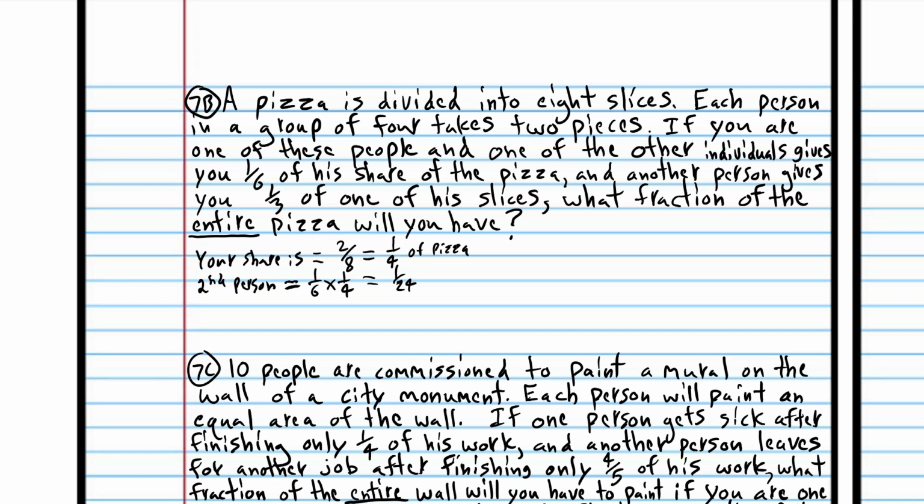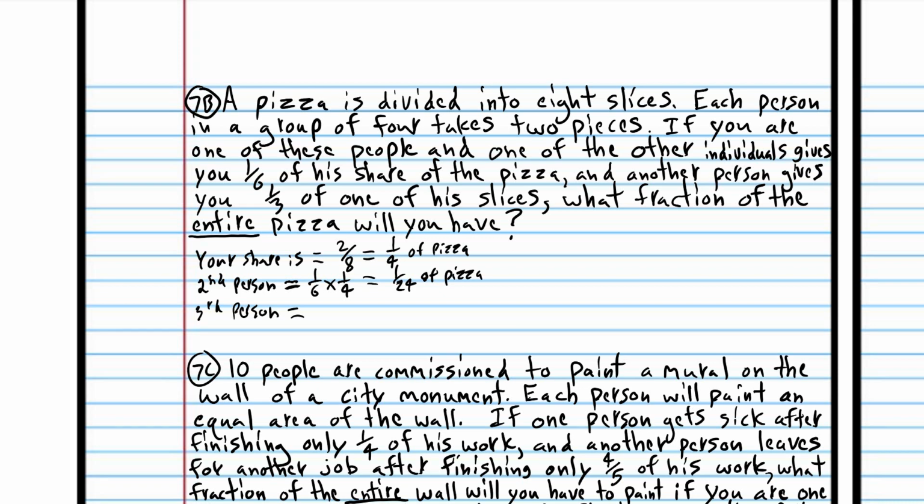Again, these fractions that we're dealing with, we're trying to figure out what fraction of the entire pizza. That's what all these problems are all about. What fraction of the entire pizza? Those are the fractions we're interested in. So now, the third person, now this is where you got to be careful. Don't make a mistake here. The third person gives you 1/3 of one of his slices, not 1/3 of his share.